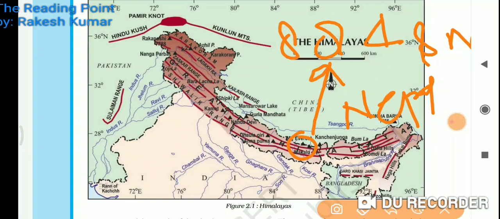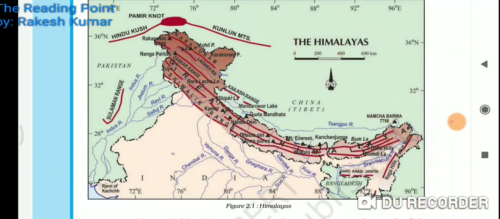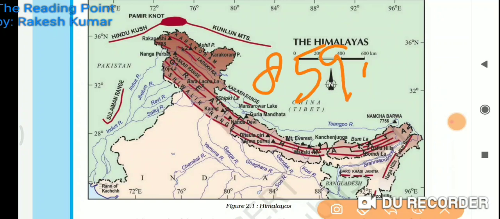Afterward, Kanchenjunga is situated in our nation, and according to new GK, Kanchenjunga is our highest peak. Its height is 8598 meters, the highest peak of India.